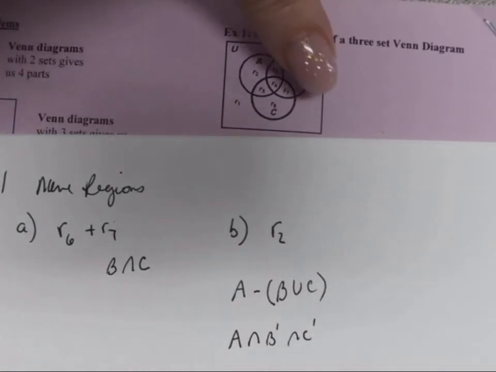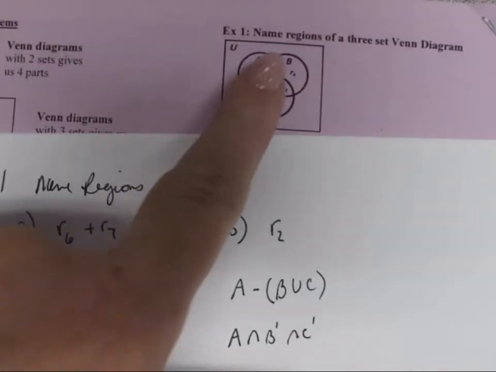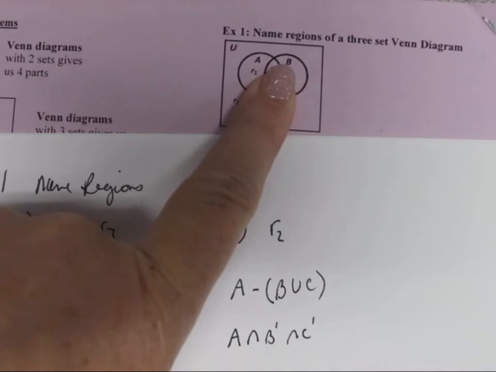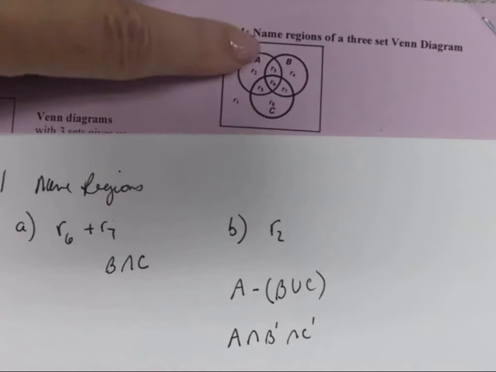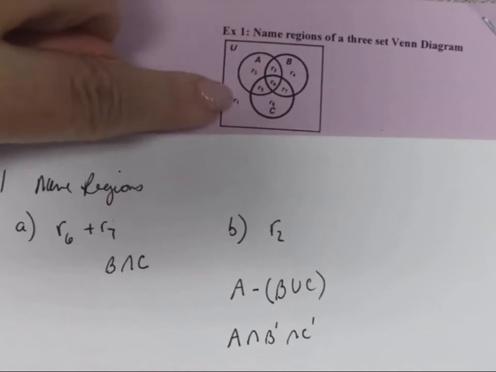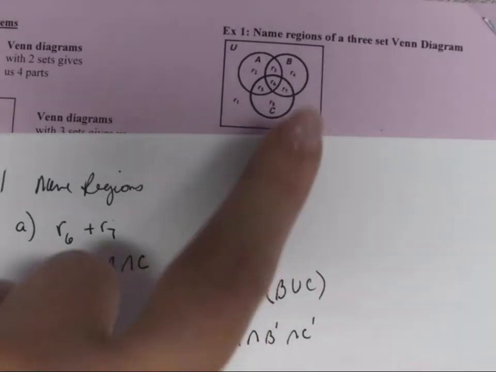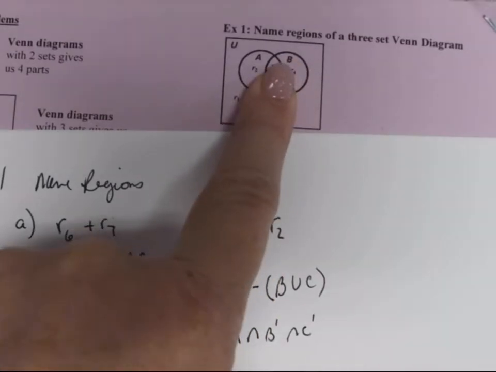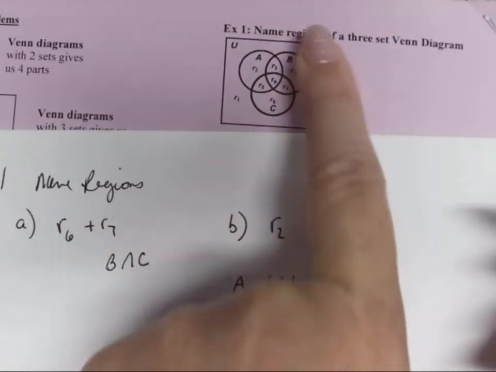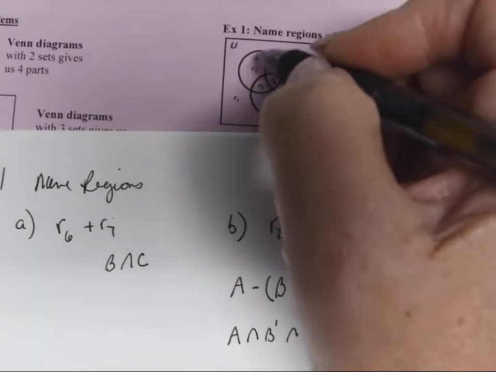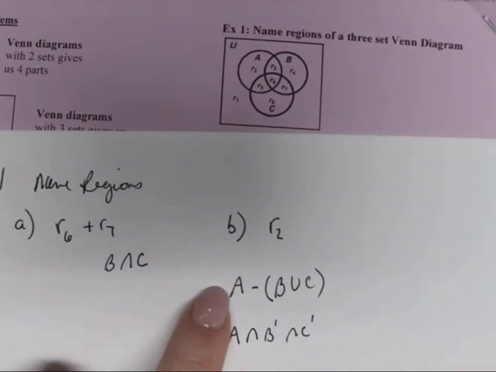Remember, B complement is everything outside of B, and C complement would be everything outside of C. So it would be this area and that area, and then we take the intersection of those. The intersection of C complement, B complement, and set A: the only thing all of those have in common would be R2. But I think the first one is a little bit easier to see.